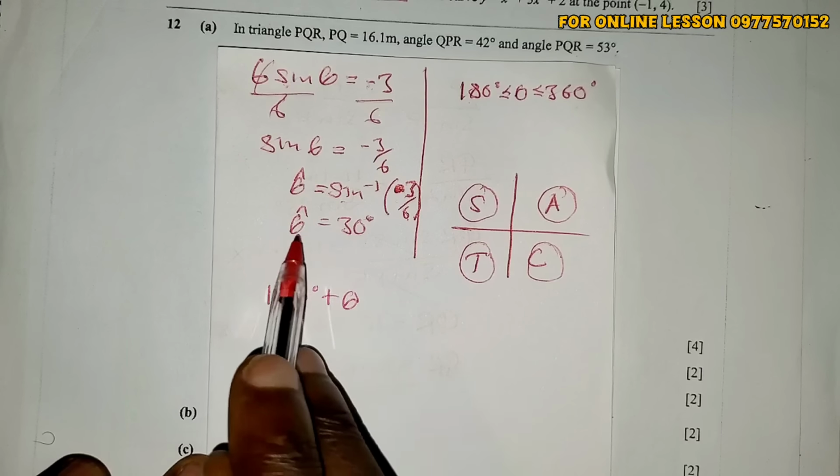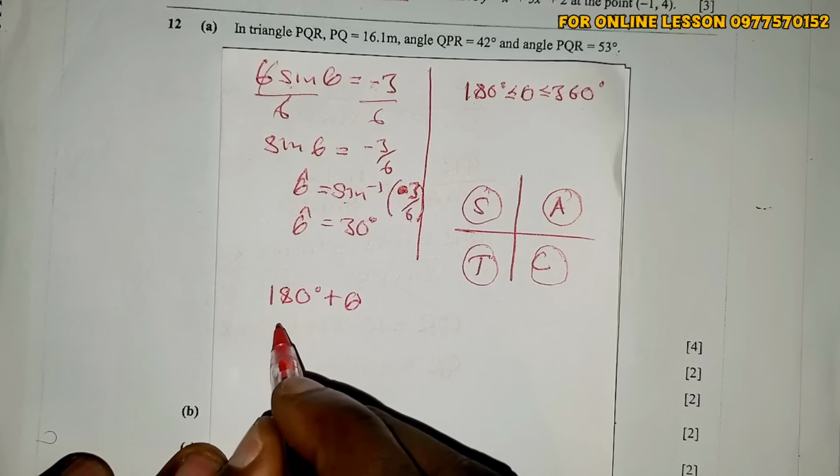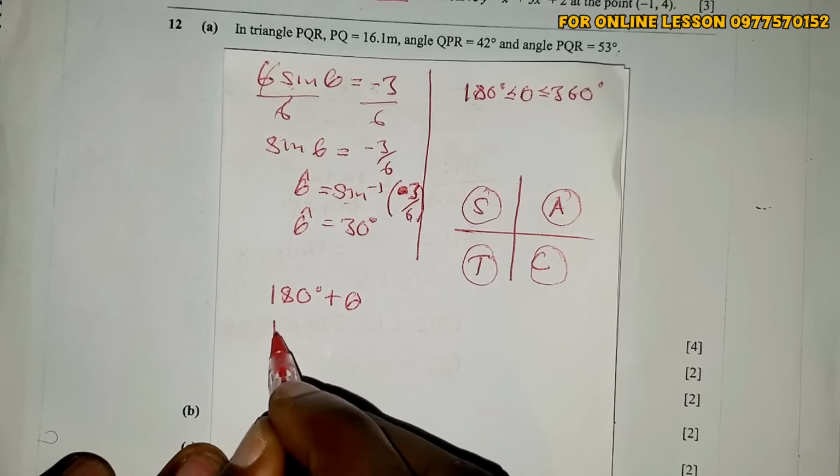We've already found this. So it will be 180 plus 30, which gives me 210 degrees as the first angle.